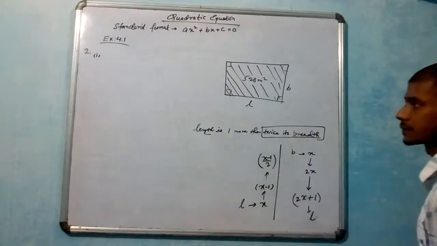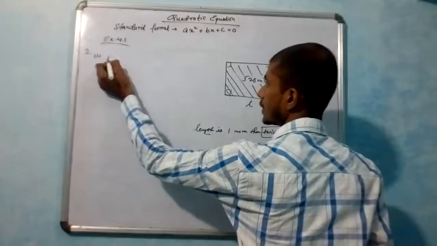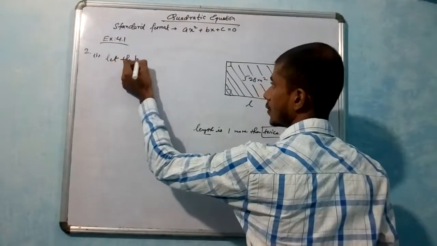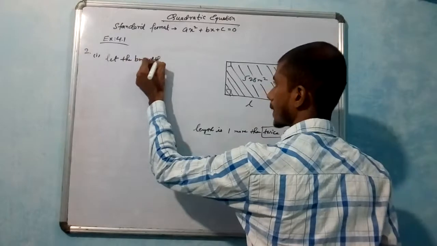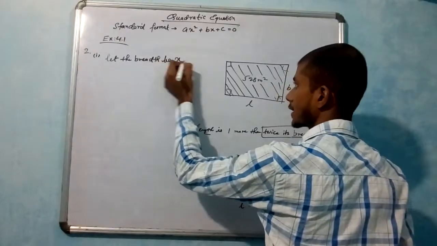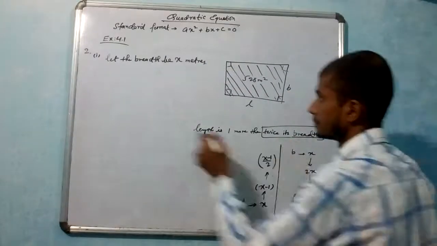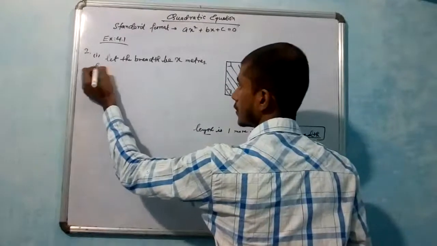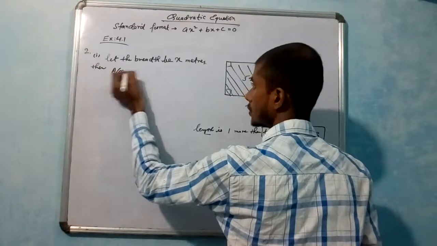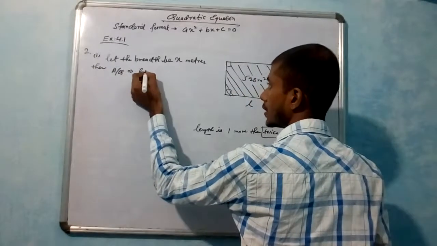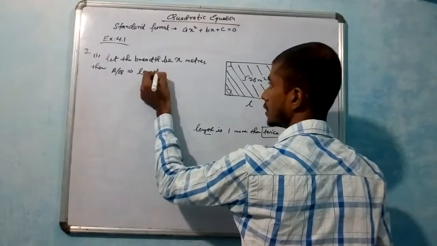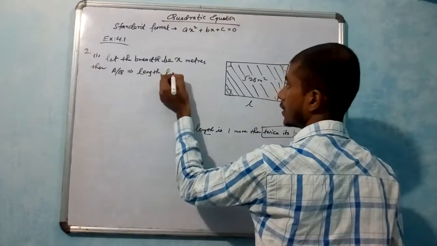Fine. So what will we write here? Let the breadth be x meters. We don't know how much.